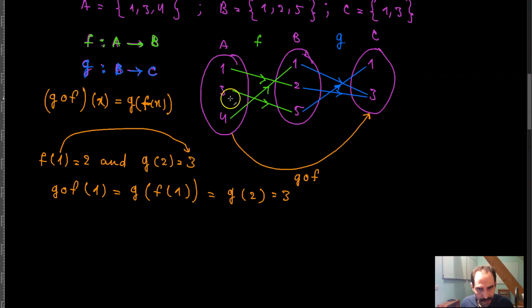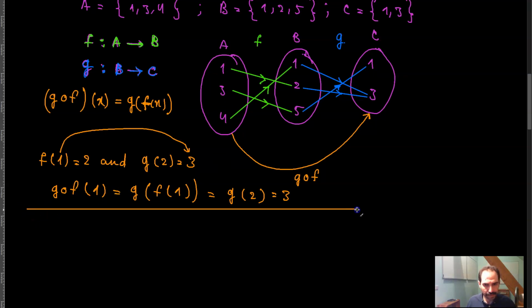Or for example, this member of the set A, which is equal to 3, so f of 3 is equal to 5, and g of 5 is equal to 1.